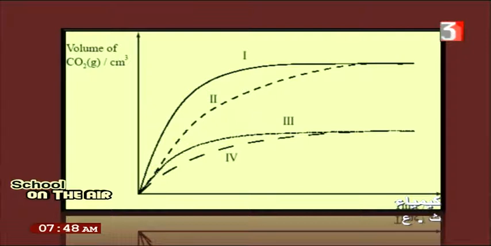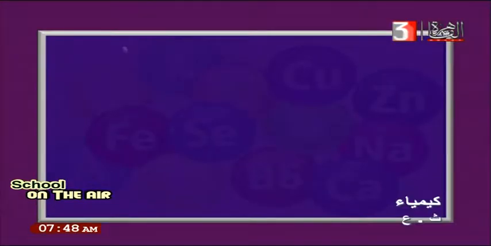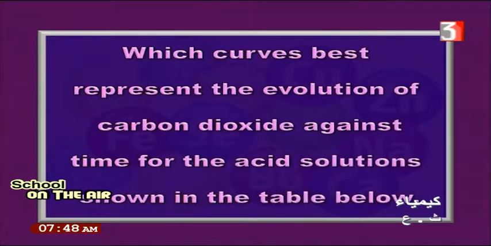Curve 1 occurs at a lower time, so the rate of reaction is faster than in curve 2. So, which curves best represent the evolution of carbon dioxide gas against time for the acid solutions shown in the table below?